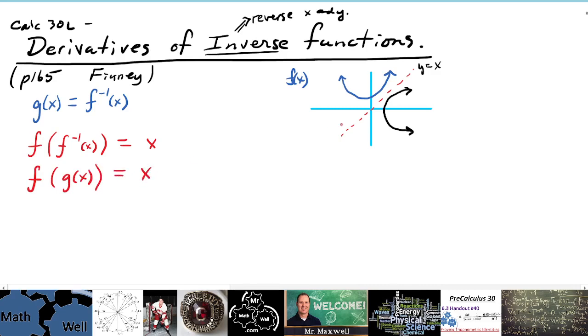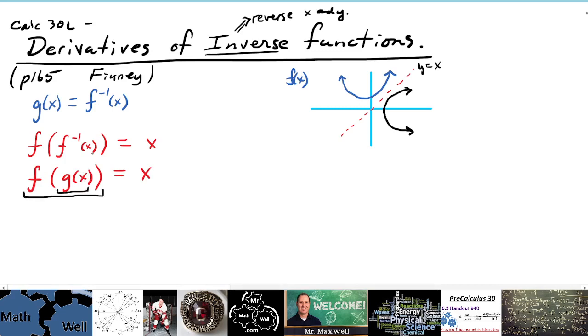All right. Now, if I wanted to find the derivative of this function, and again, this side equals x, this side equals x. I have an inverse function in here, okay? So watch what happens when I take the derivative here. It's a composite function, which means there's an outer function and an inner function.